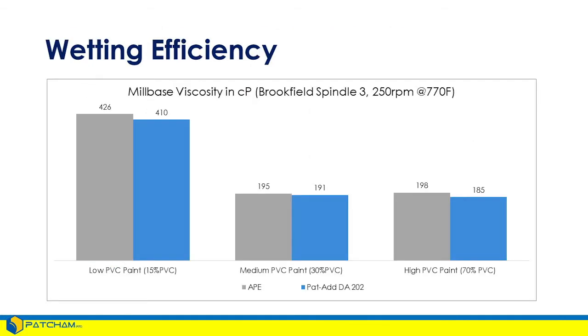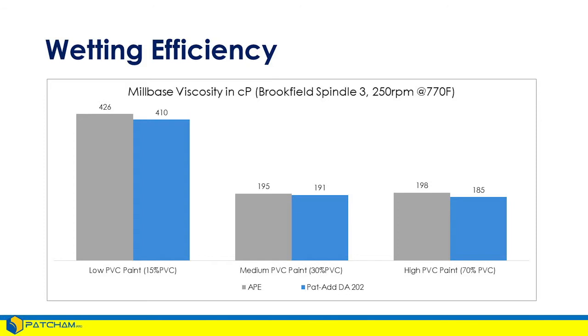And so we mentioned that we're going to look at the mill-base efficiency. Well, if the mill-base viscosity is lower, we can add more pigment into the system. And the pigment dispersion stage is the slowest step of the paint manufacturing process, so that is the most cost-intensive step. So anytime we can reduce the viscosity of the system, we will increase the productivity of your manufacturing, especially if you optimize your mill-base viscosity for your milling equipment.